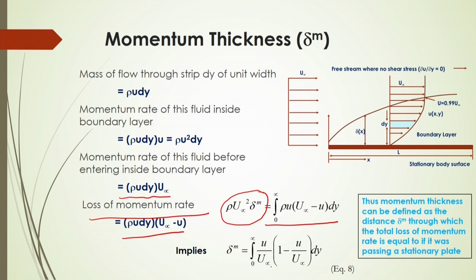This implies that the momentum thickness will be equal to the expression given in equation number 8. So, from this you can also calculate the momentum thickness based on the velocity profile of the boundary layer.